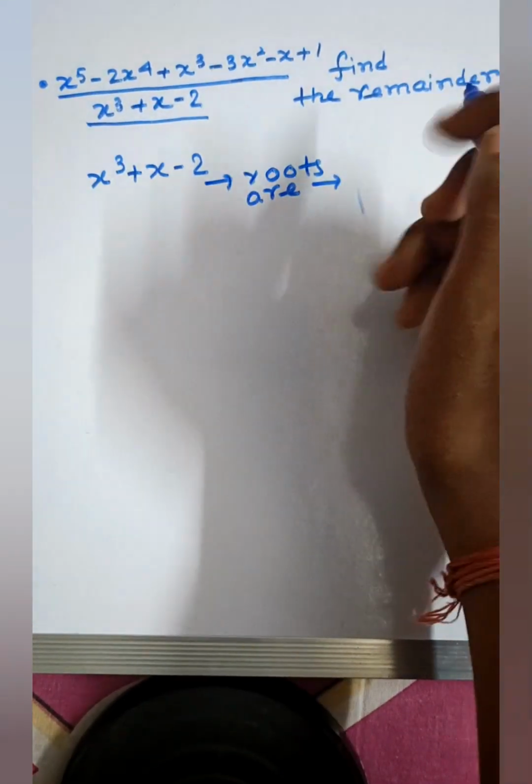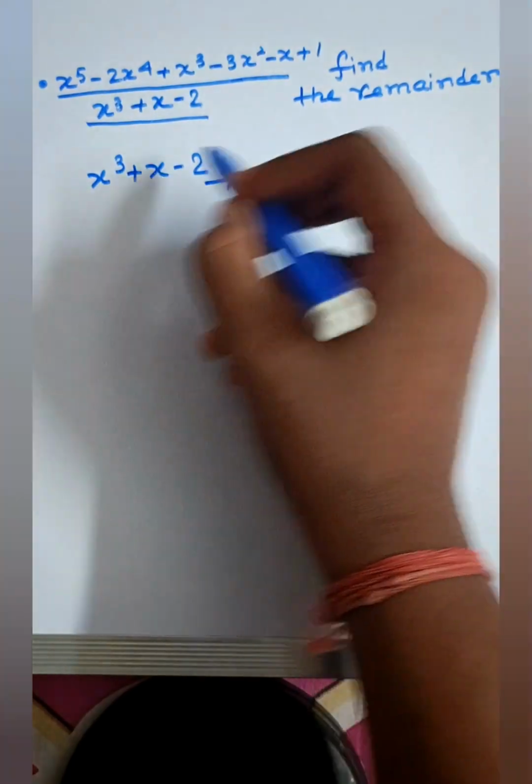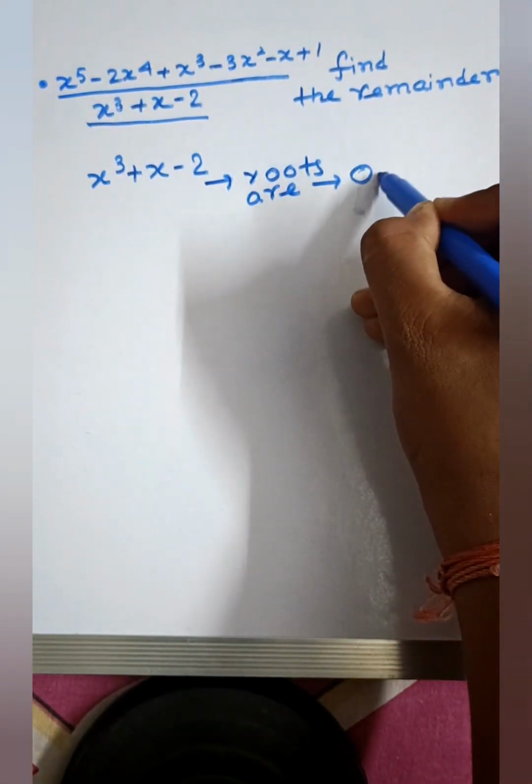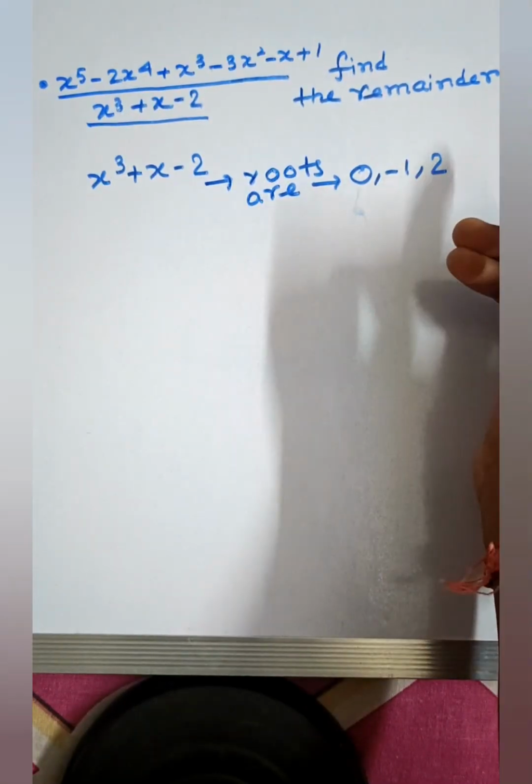So the roots, if we apply the hit and trial method, are 0, minus 1 and 2.